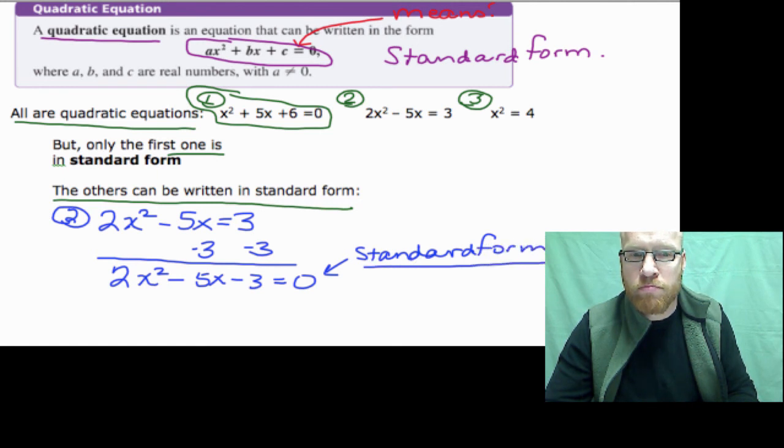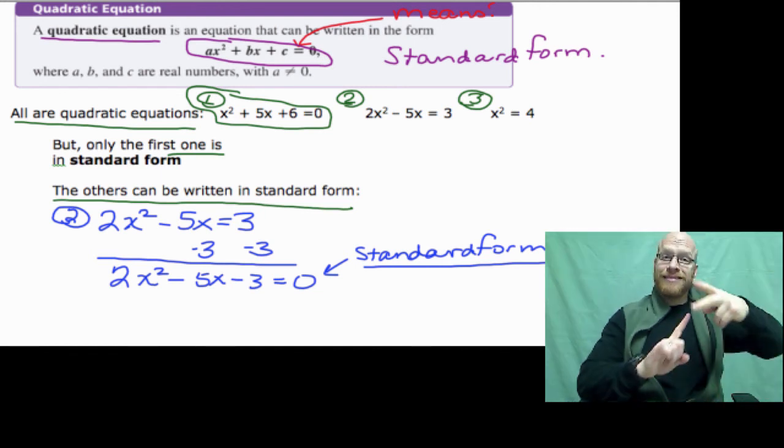Now you can see here this is in standard form.